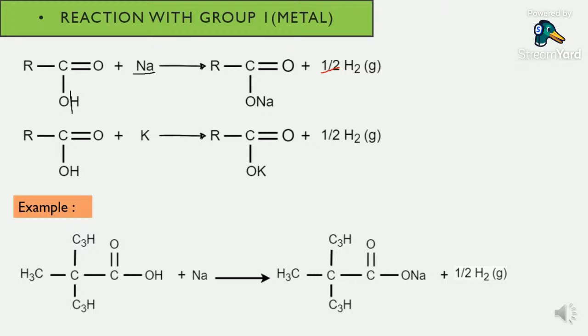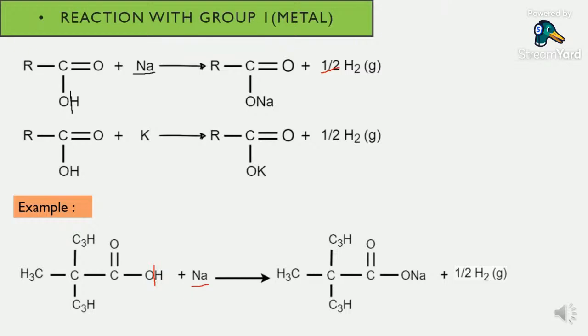So for example here, we have 2-pentyl propanoic acid reacting with Na, sodium. So firstly, as I said before, we must break the OH bond over here. And then the O over here will combine with the group 1 metal and produce ONa over here.